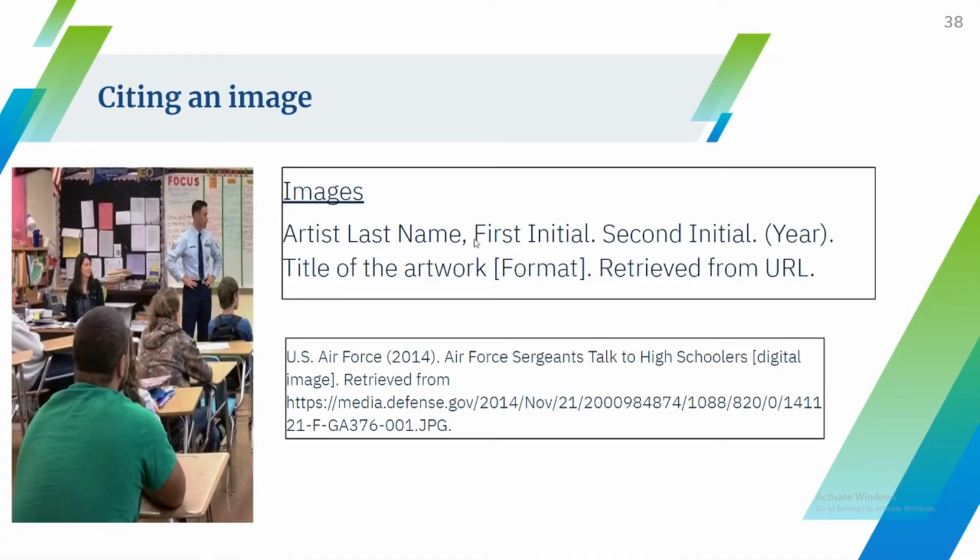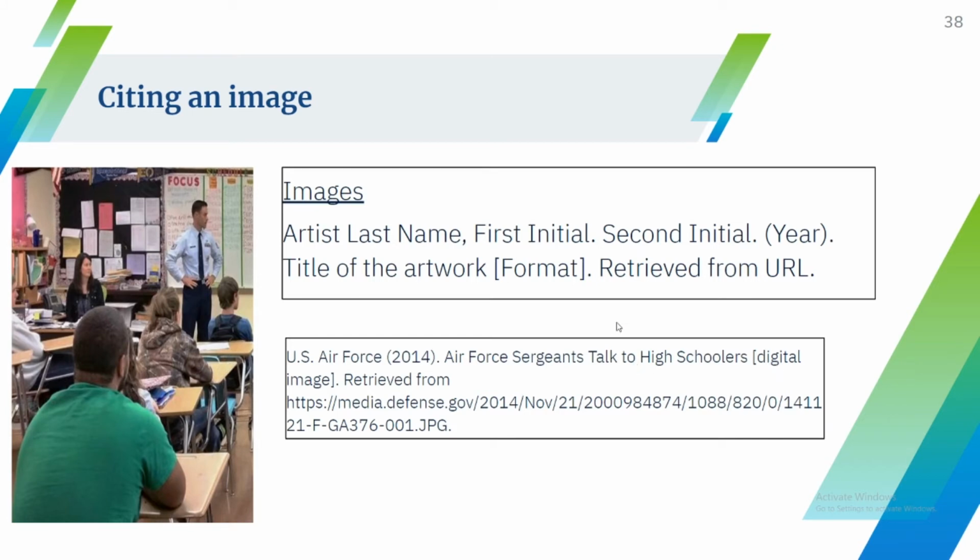Well, in this case, it's an organization. It's the U.S. Air Force that created this image. It is from 2014. It does not have a title, which means I need to come up with a description. So I've got Air Force sergeants talk to high schoolers. The format is, you'd think it would be like JPEG or GIF or whatever, but no, they just want digital image.